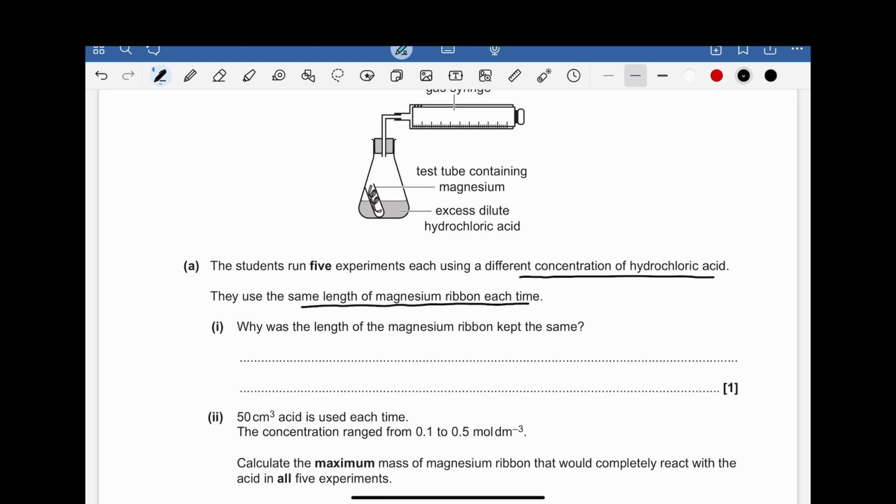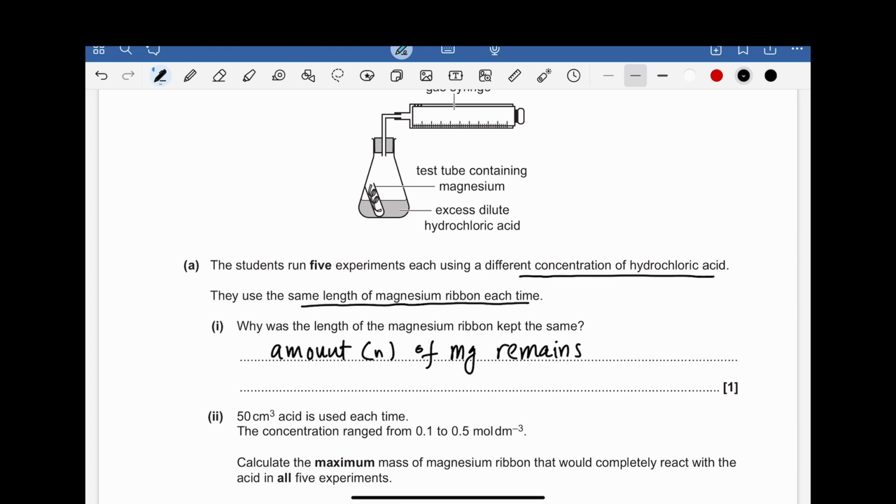So we can say to keep the amount, which is mole, of magnesium remains constant, or we can say the surface area of magnesium is constant.